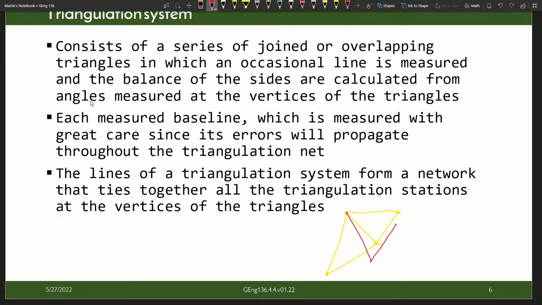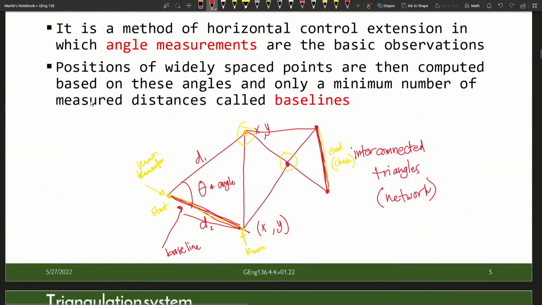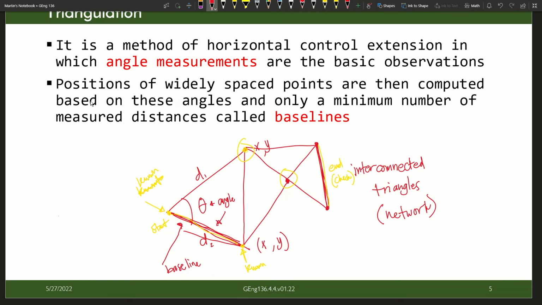Why? If this line contains a large error, the tendency is that the error will propagate throughout your measurement. These points will be questionable or maybe not usable because your reference or baseline is already erroneous. So they carefully measure this one. That's the hard part of conducting triangulation.